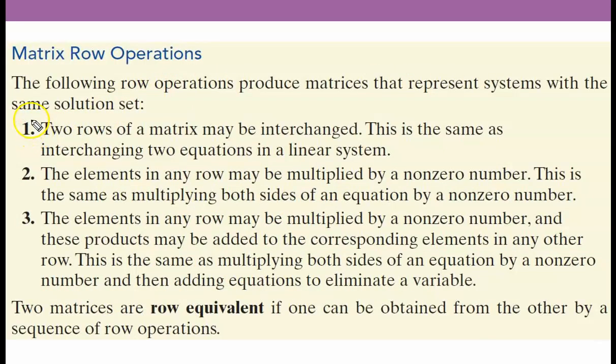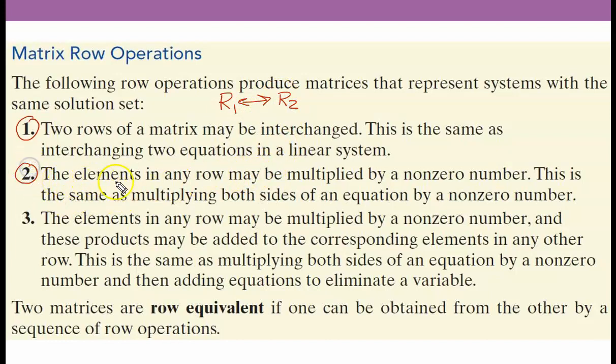So, number 1, 2 rows of a matrix may be interchanged. This is the same as interchanging 2 equations in the linear system. And we indicate this, for instance, row 1 is going to be interchanged with row 2.